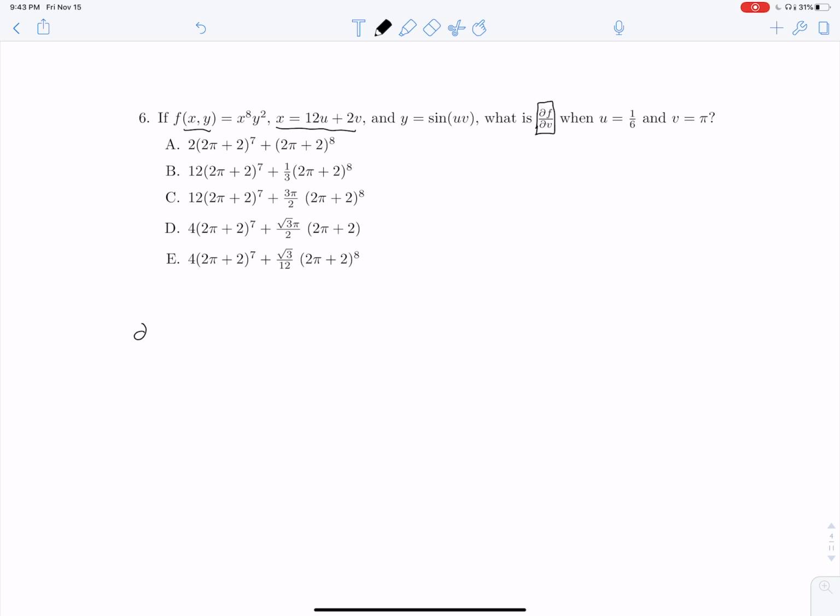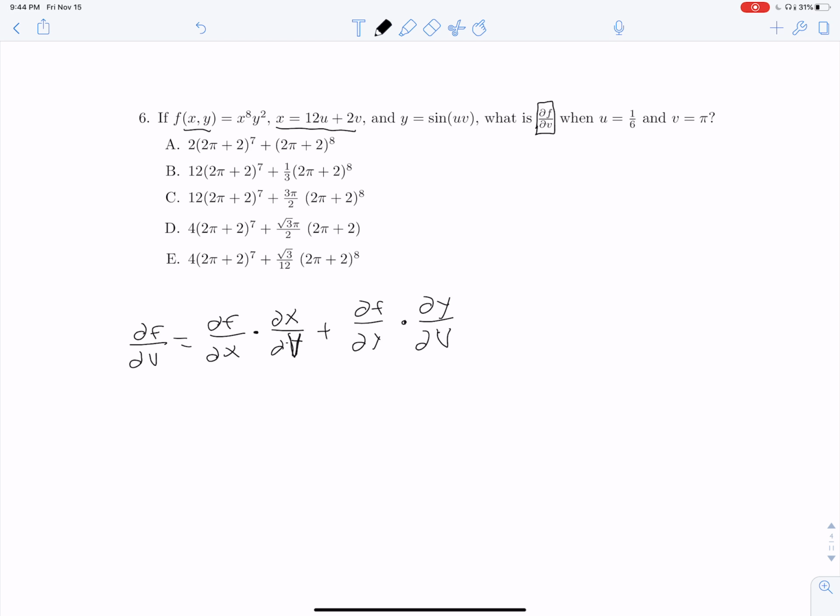So we know that partial f partial v is going to be equal to partial f partial x times partial x partial v, and then we need to add partial f partial y multiplied by partial y partial v. And that should be our answer.